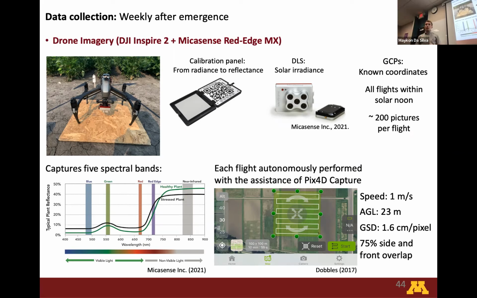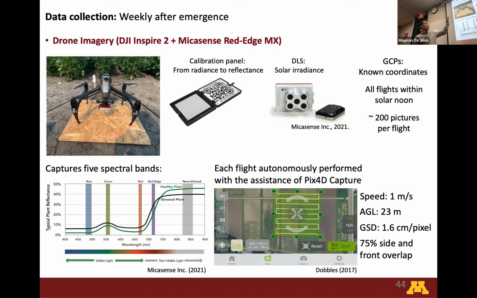Each flight will be autonomously performed with the assistance of Pix4Dcapture at a ground speed of 1 meter per second and at 23 meters above ground level. This altitude was selected to achieve a ground sample distance of 1.6 centimeters per pixel, which means high spatial resolution. All images will be taken from nadir view with 75% side and front overlap.